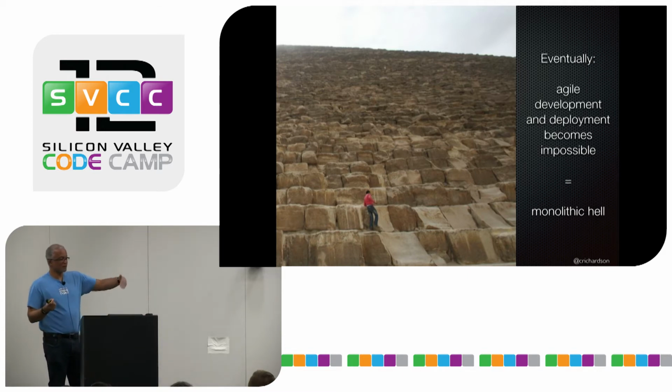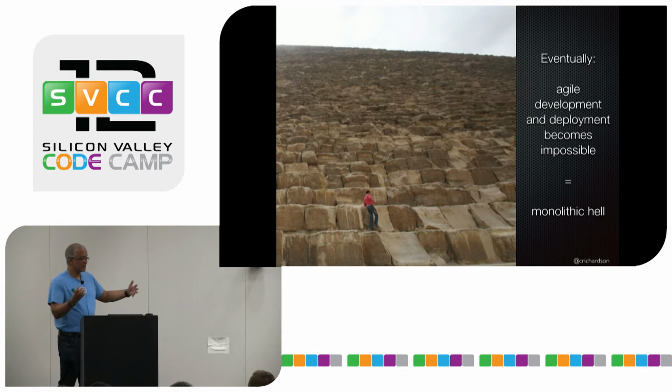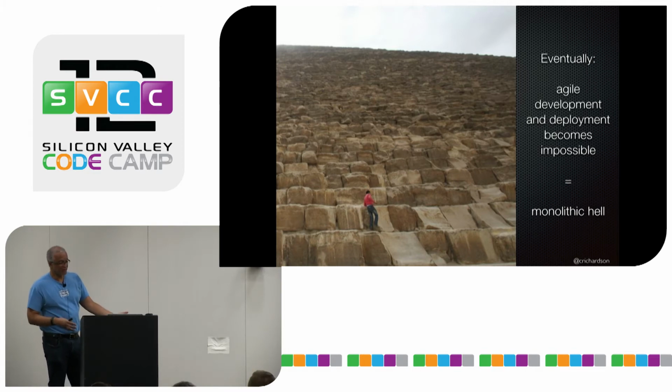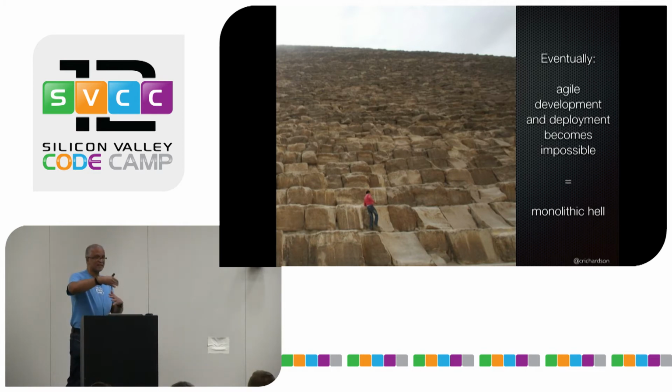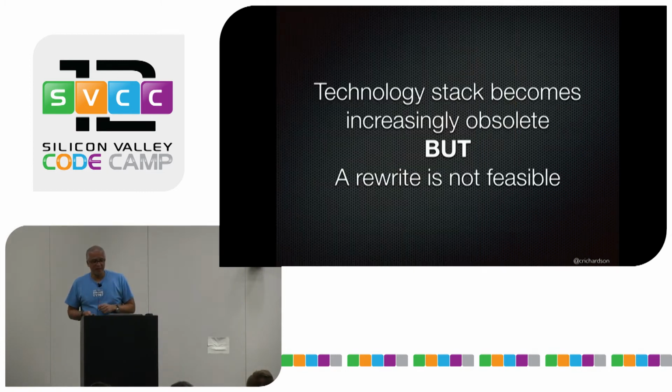It takes longer and longer to get changes deployed. Or you make a change to fix a bug, and that has unintended consequences and creates more bugs. So you're in this world where things are very unmaintainable. And this is what I call monolithic hell.